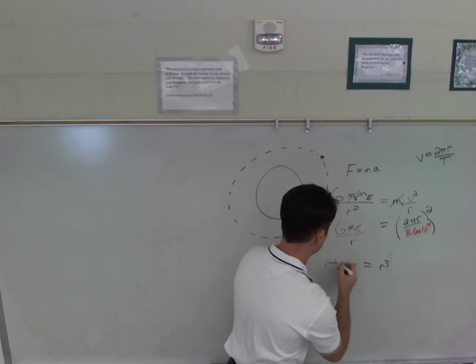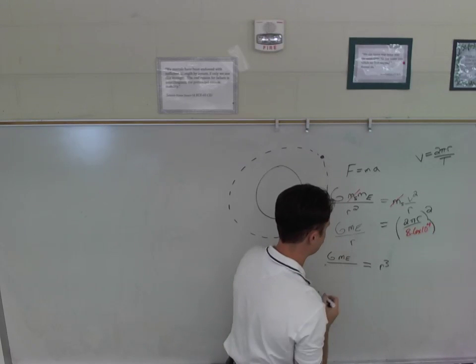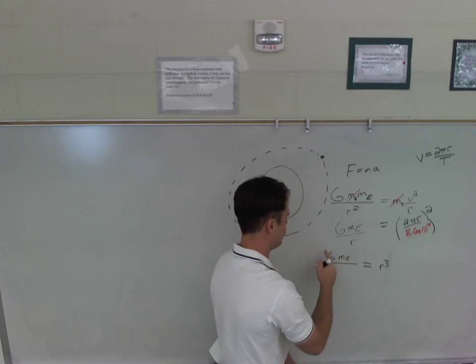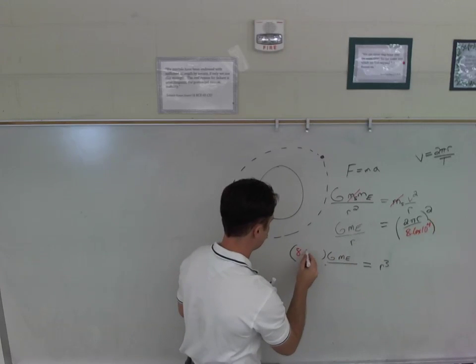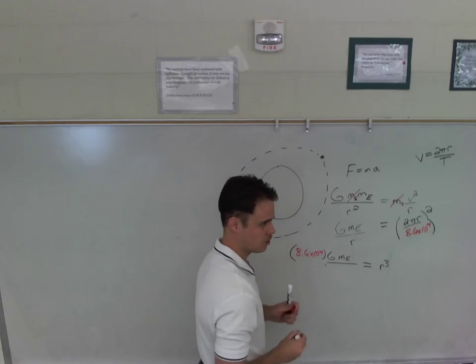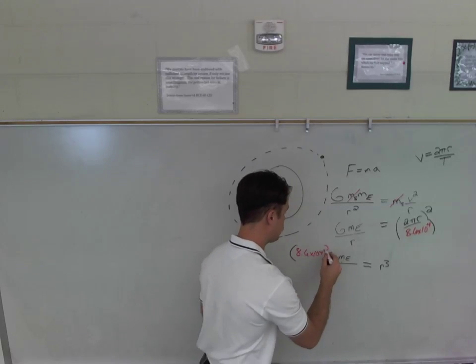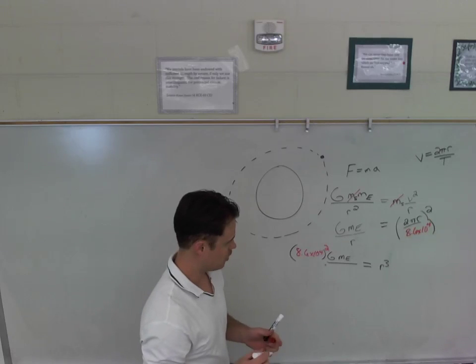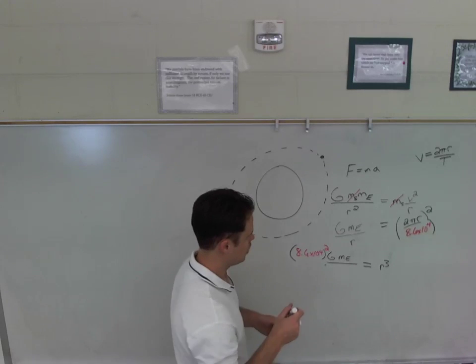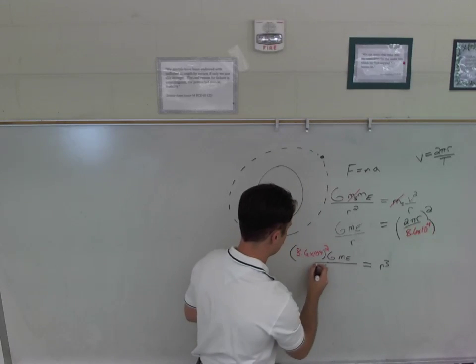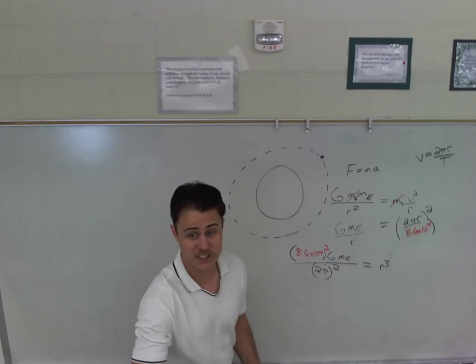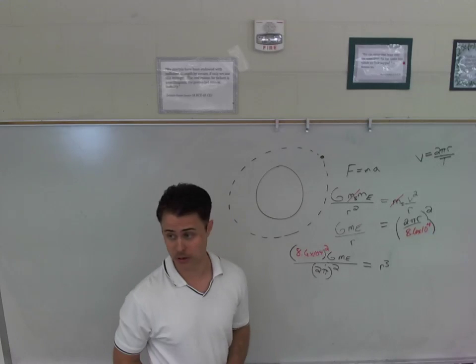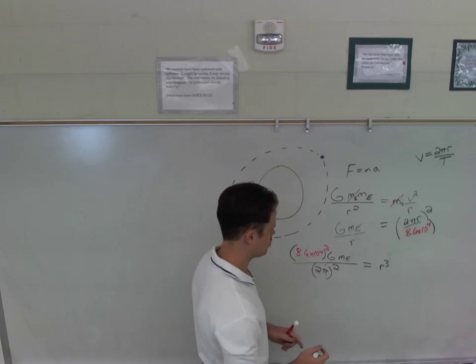And then on the other side, we're going to have G, the mass of the Earth, multiplied by 8.6 times 10 to the 4th. It's in the squared, so it should be squared. And divide by 2 pi, all squared, not just 2 pi squared, 2 pi the quantity squared. And then I've got it. So what's the last step?